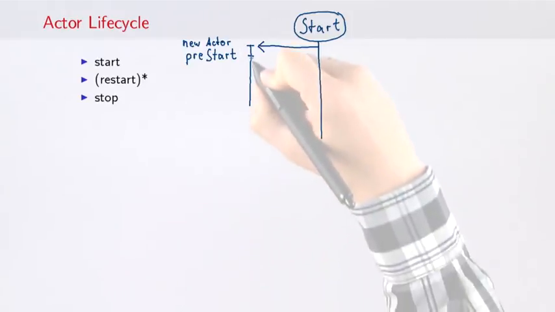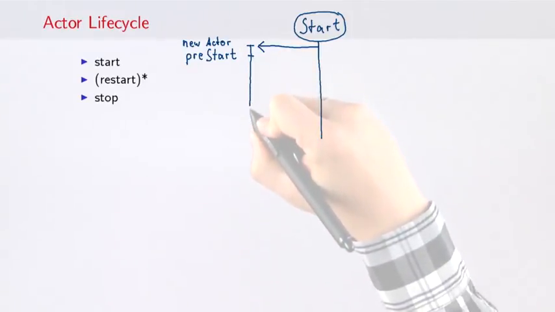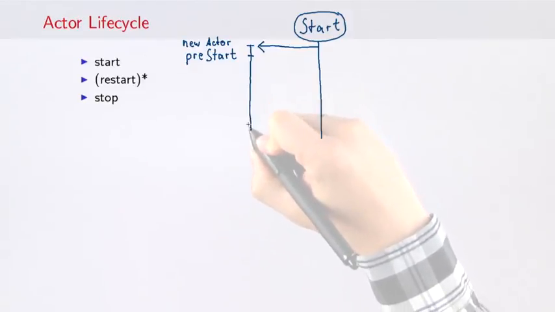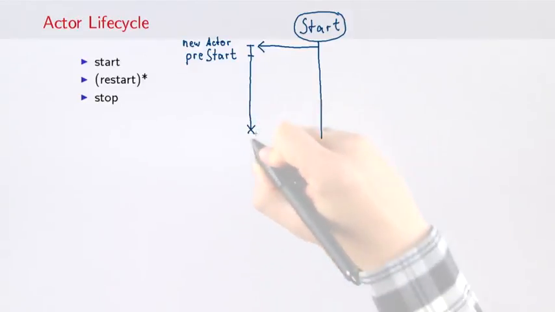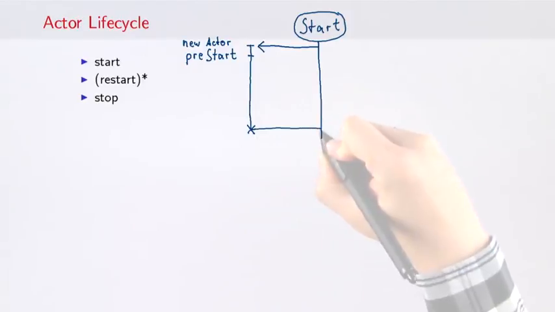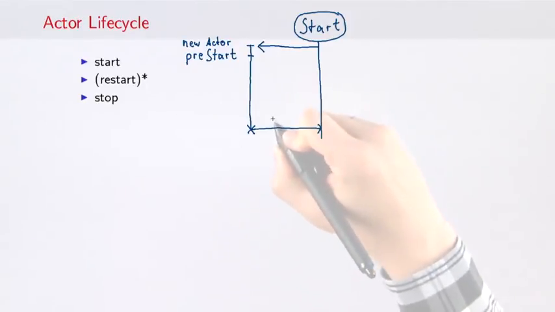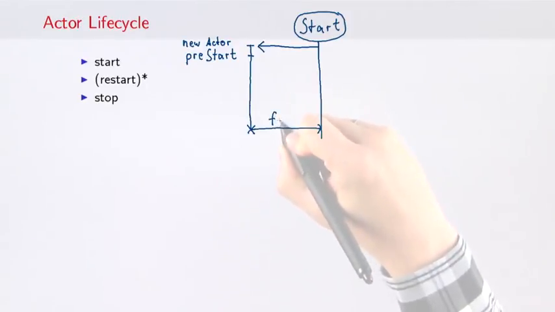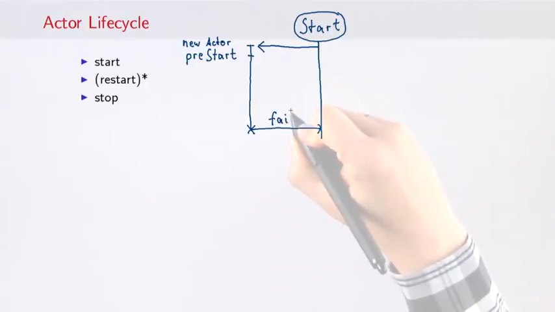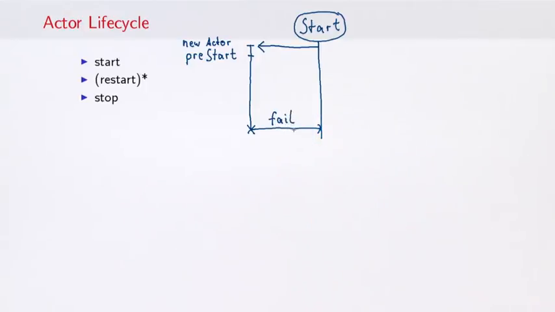The actor then begins processing messages, and maybe it fails here. The failure reaches the machinery, the actor context, which will then consult the supervisor about what to do.